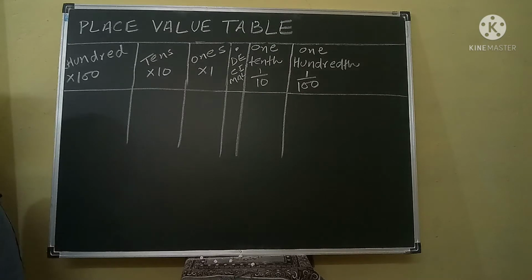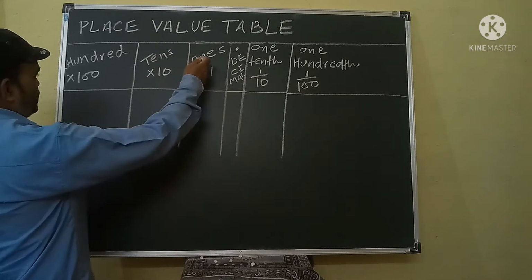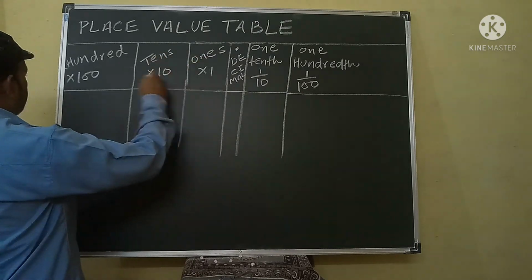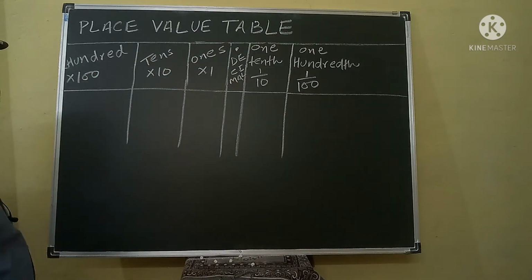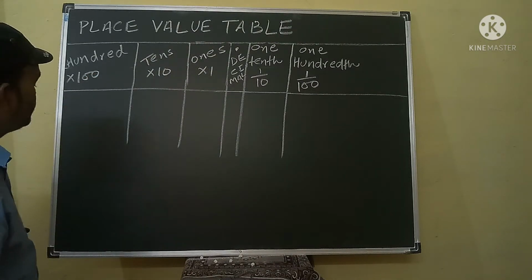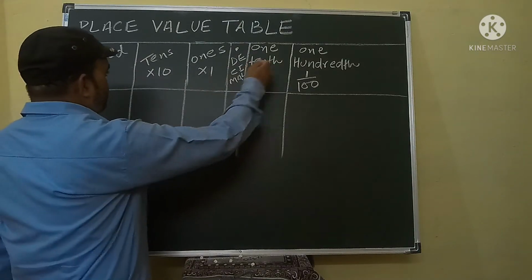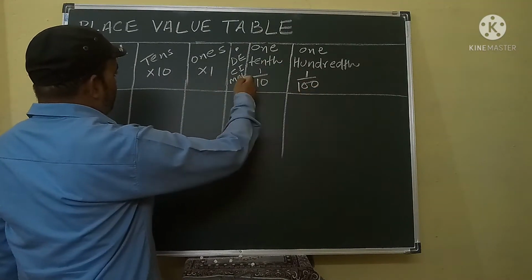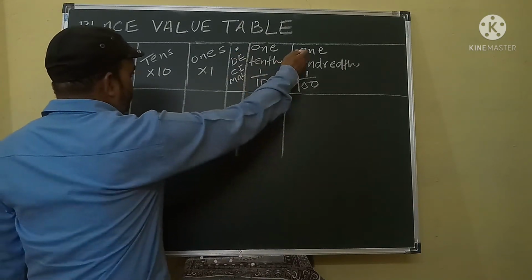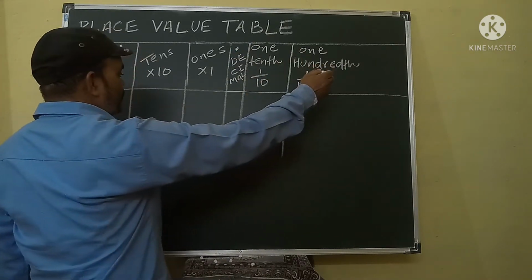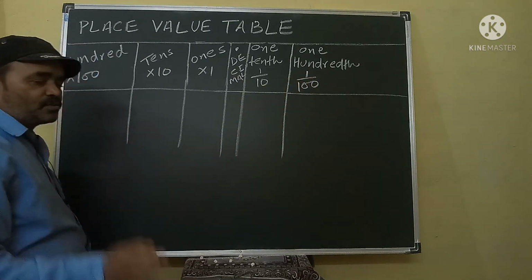In the left part, as you are looking, this is ones, tens, hundred, thousand, 10,000 and so on. In the right side of the decimal is 1/10, 100, 1000 and so on.